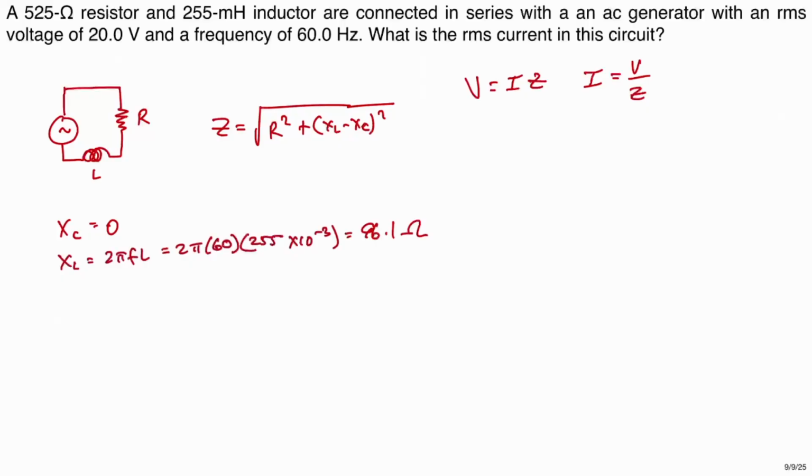All right. Do I have enough now to calculate my impedance? Looks like it, right? 525 squared plus 96.1 squared.